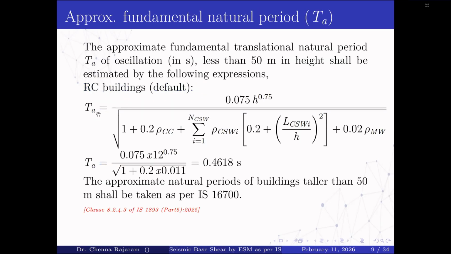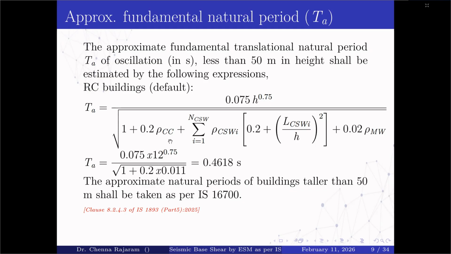Next parameter is how to calculate the approximate fundamental natural period, that is TA. The approximate fundamental translational natural period T of oscillation for buildings less than 50 meters in height shall be estimated by the following expression. For an RC building, the expression is TA is equal to 0.075 h to the power of 0.75 divided by the square root of a larger expression. In the numerator, the h value we consider is 12 meters, which is the total height of the building in this example problem.